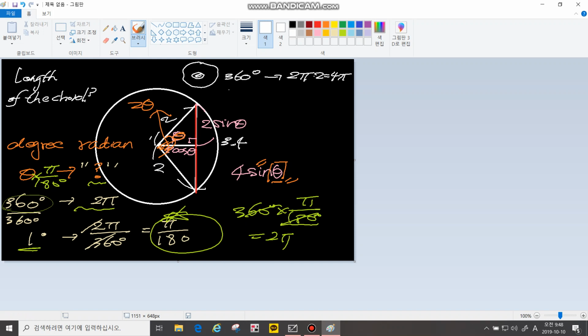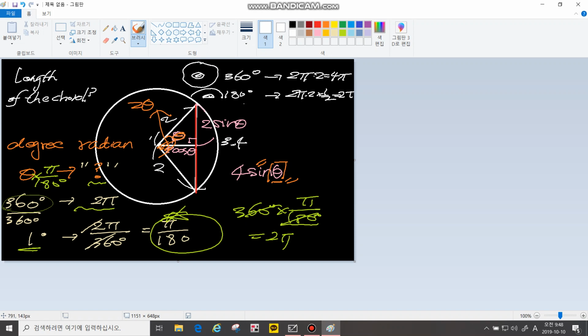Now then, if it is 180, then what is it? 180 is this, and it definitely matches with the part of the circumference, which is half of the circumference. So it's going to be 2 pi times 2 times 1 over 2, because 180 is half of the circumference. Therefore, this is just 2 pi.